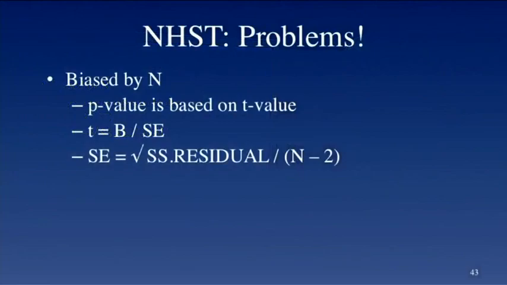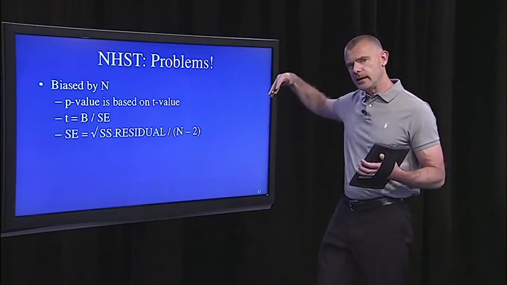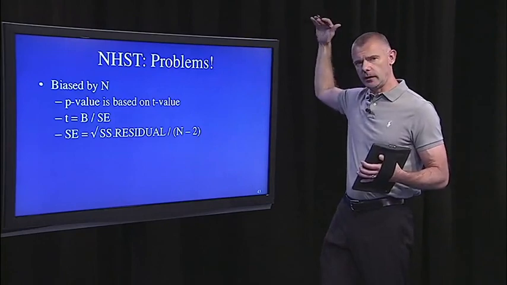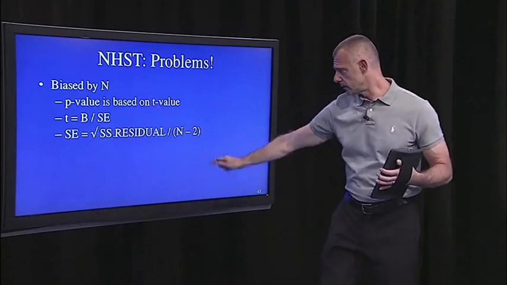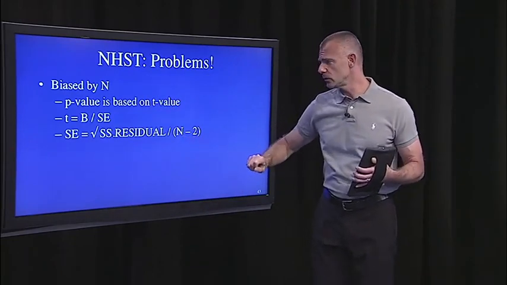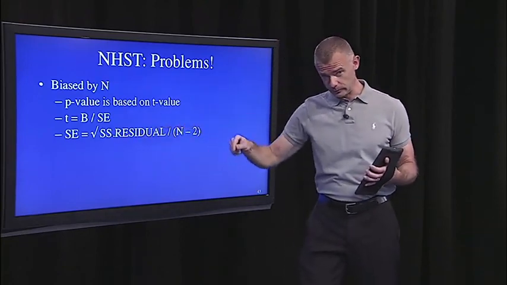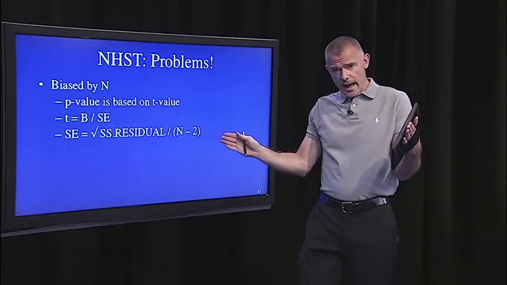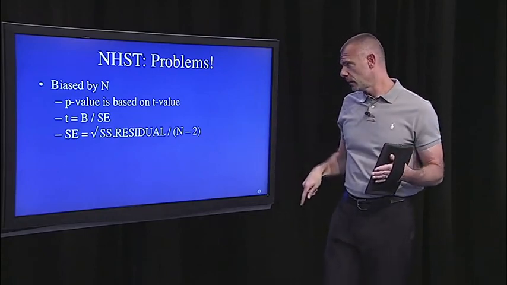Now, just work backwards through those equations for a moment, and imagine that n gets really, really large. As n gets really, really large, standard error is going to get really, really low, right? Because this is in the denominator. If standard error gets really, really low, then t gets really, really large, and that puts you out in the extremes of the t distribution, or that z distribution.